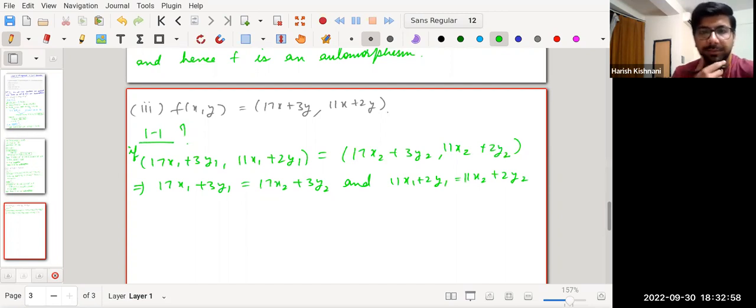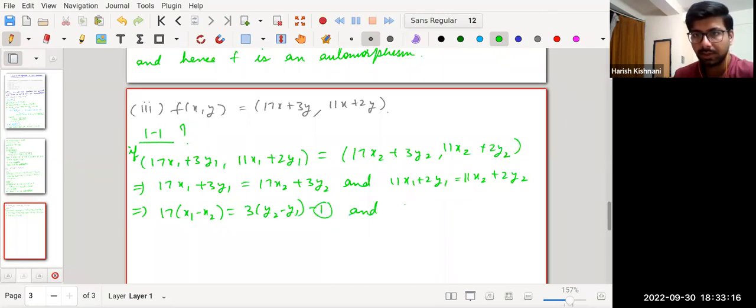Okay, so from here you have 17(x1 minus x2) is the same as 3 times (y2 minus y1). Let it be equation 1. And here you have 11(x1 minus x2) is the same as 2(y2 minus y1). That is your equation 2.